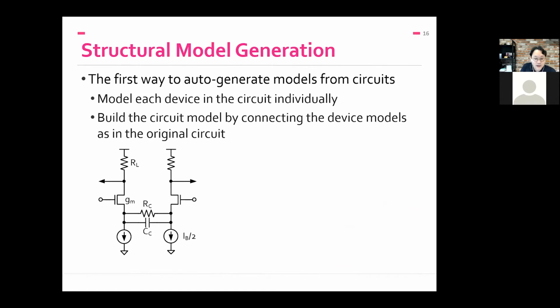So now that we have a way of simulating circuits within SystemVerilog, and we can also handle transistors and diodes, it leads us to the first way of auto-generating a model from a circuit, which we call structural model generation. So it's very simple. You take a circuit, you identify all the SPICE elements composing the circuit.